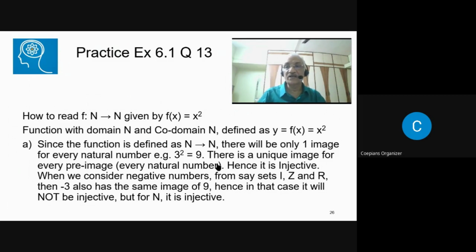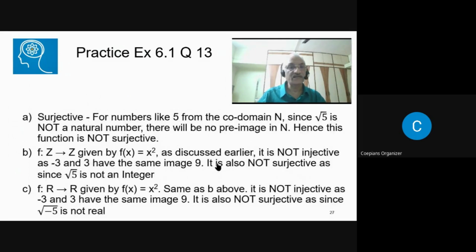Now let's look at whether this particular function is surjective or not. A number like 5, which is a natural number, will be there in the codomain. But if you try to check its pre-image, the pre-image would be root of 5, because f of x is defined as x square. But root 5 is not a natural number.